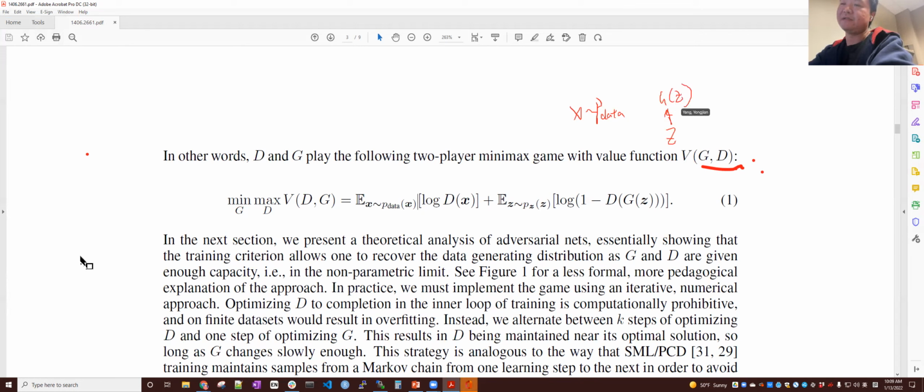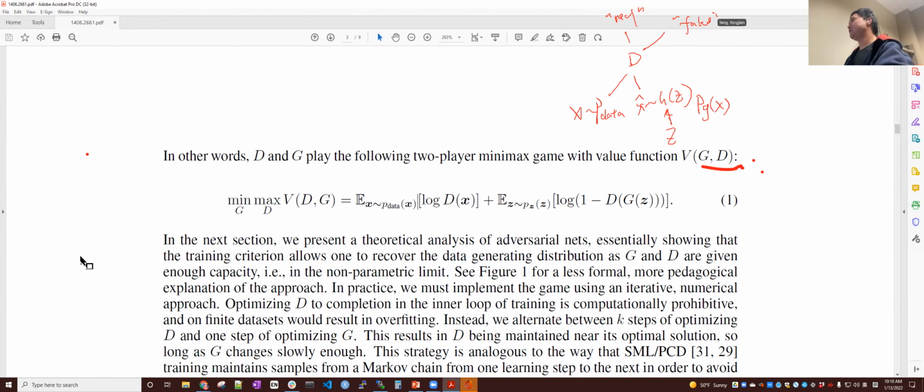From this noise Z, this would be our fake data X hat, and we input these two to our discriminator. The discriminator will tell whether this X is a sample from the real distribution P data or from the fake data distribution, which we call P generated, PG X. It will tell you whether it's real or whether it's fake.